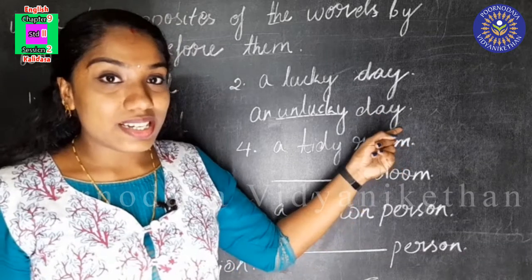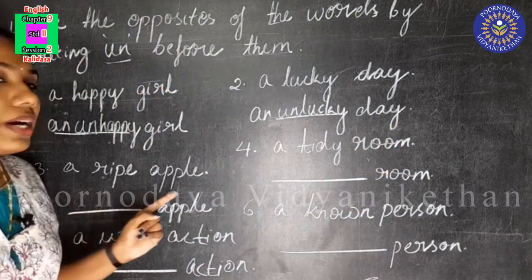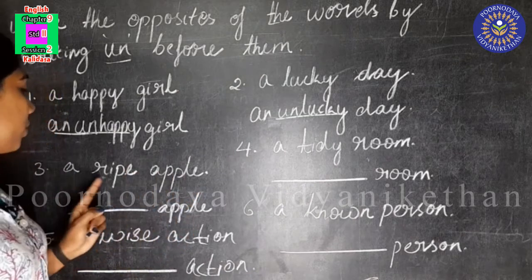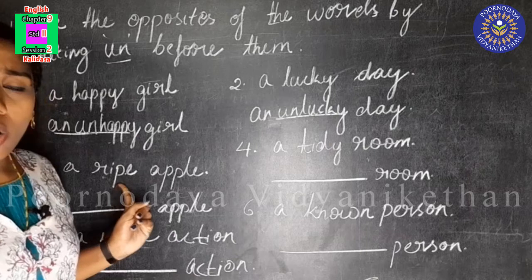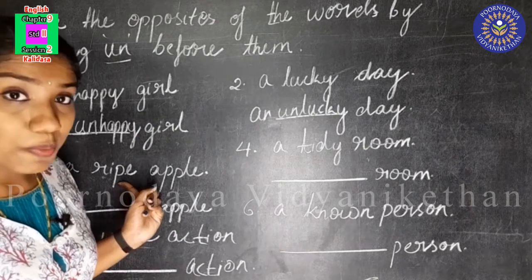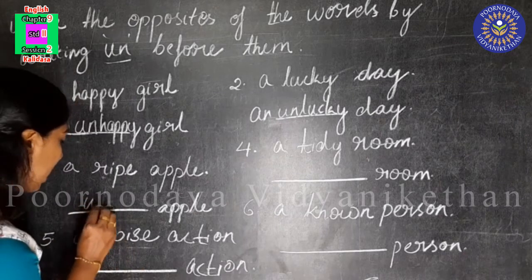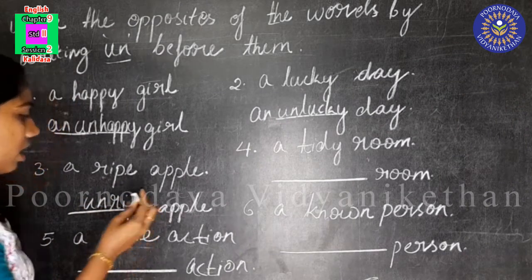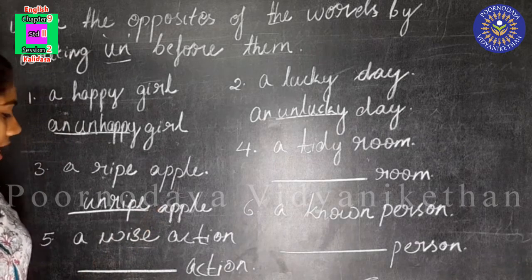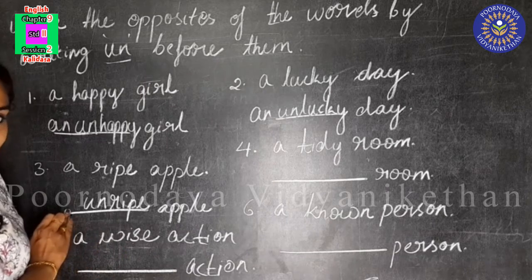Did you understand, children? Now see the third one. A ripe apple. Now, how can you write the opposite of the word ripe? Yes, we'll add un with that. Unripe. Then we have to add article.